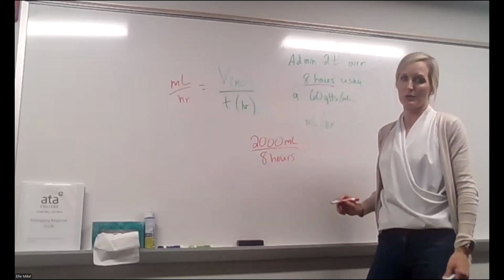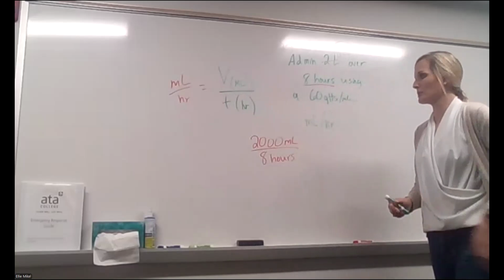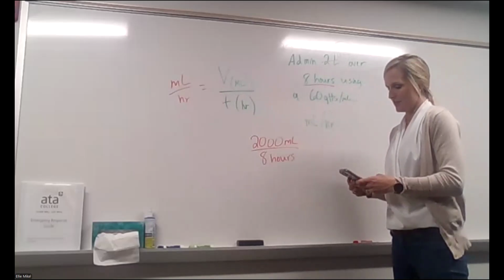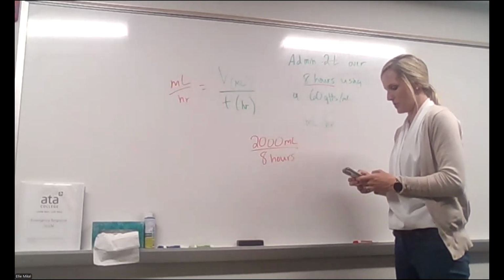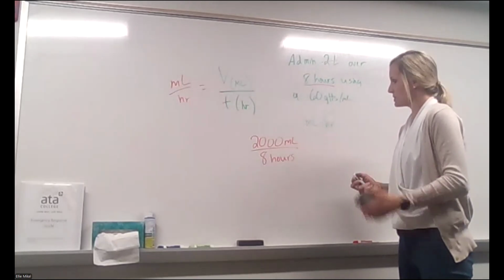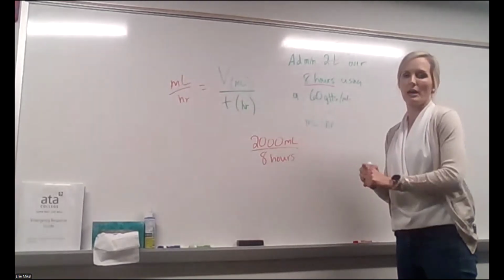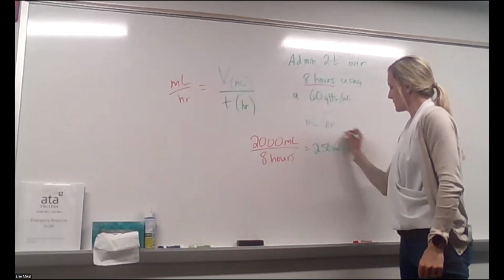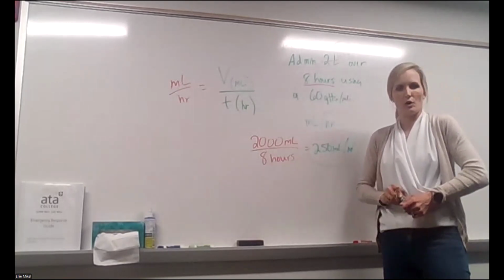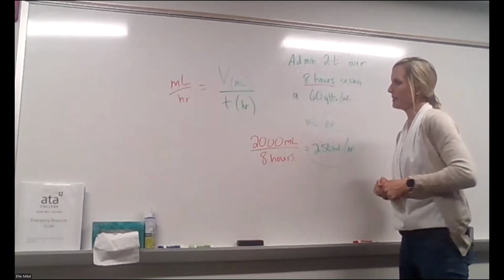So I need it to be in hours. In this case, it's simply 2,000 divided by 8, which is going to be 250 milliliters per hour. There we go. It's just volume divided by time.